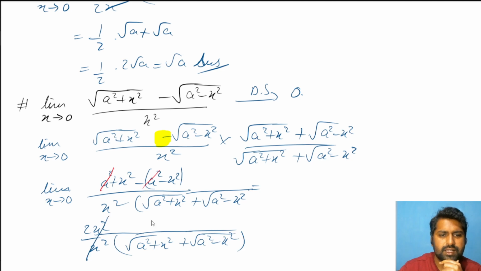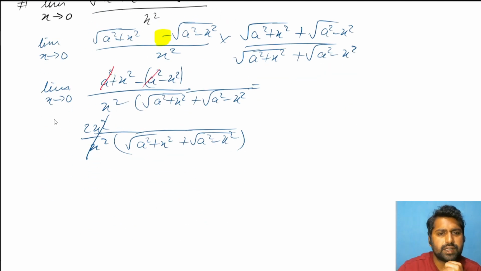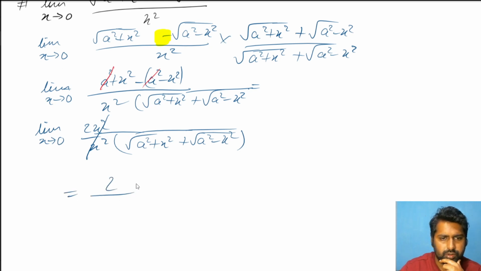So x square cancels. The moment numerator and denominator cancel something, we know the direct substitution will now work. So 2 upon root a square plus x, x is 0, so this becomes square root of a square, which is a, plus a, so 2 upon 2a, that's 1 by a as the answer.